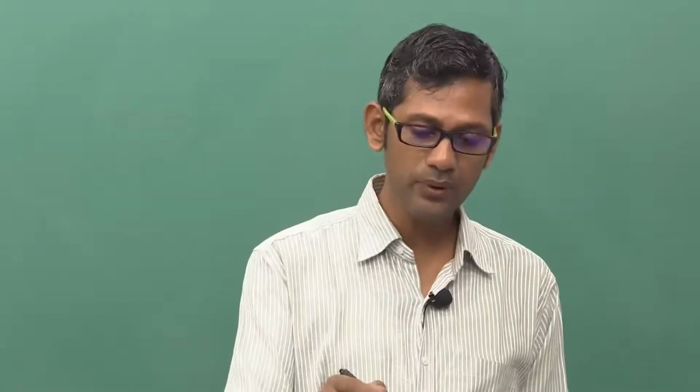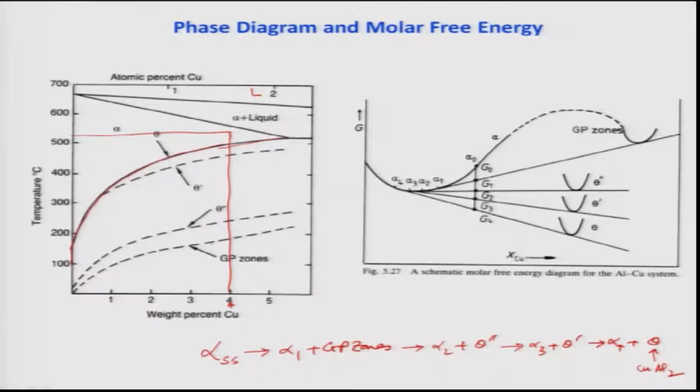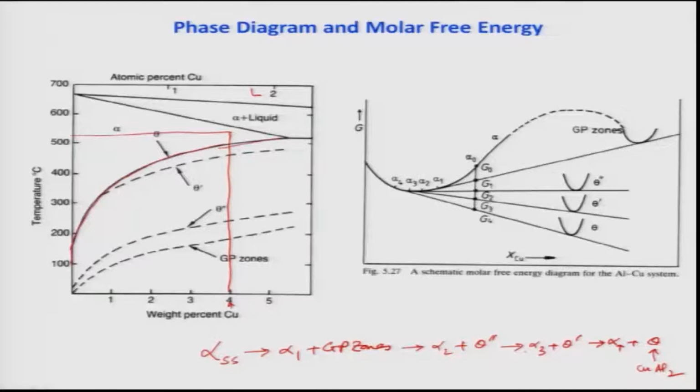If you remember carefully, we quenched the sample from high temperature to room temperature and retained a huge amount of copper in the sample, and this copper present in the alpha phase cannot stay there longer because it is a metastable phase. Because of that, it will come out as you heat it up or give sufficient time for diffusion to happen, because we need to provide temperature and time for the diffusion of copper atoms in the sample, and this leads to formation of these precipitates.